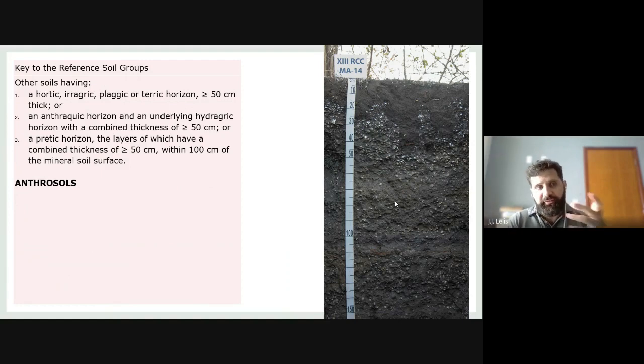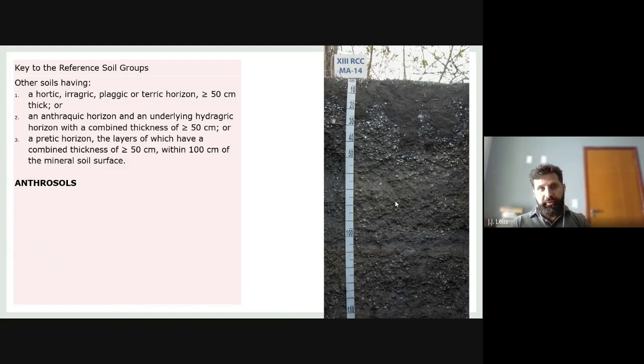I will classify it as another soil group, like, okay, this is a histosol or a ferralsol or other thing that possesses a hortic horizon or pretic horizon, but this pretic horizon did not possess the minimum thickness to identify an anthrosol.